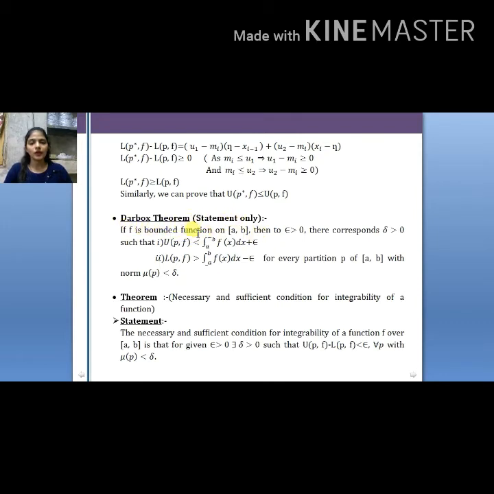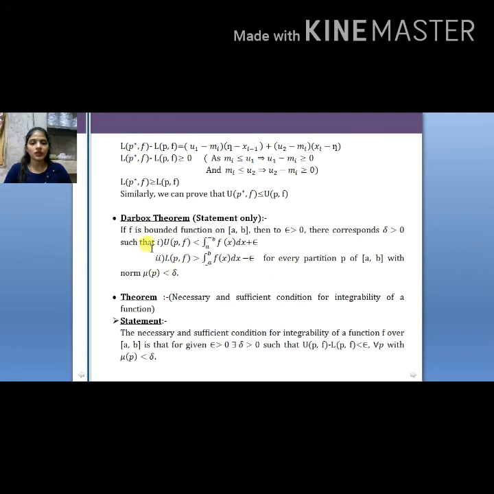If f is a bounded function on closed interval ab, then for epsilon greater than 0, there corresponds delta greater than 0, such that first, UPf is strictly less than the upper integral from a to b of f of x dx plus epsilon, and second, LPf is strictly greater than the lower integral from a to b of f dx minus epsilon, for every partition p of closed interval ab with norm of p less than delta.